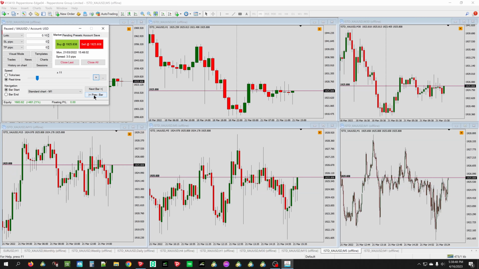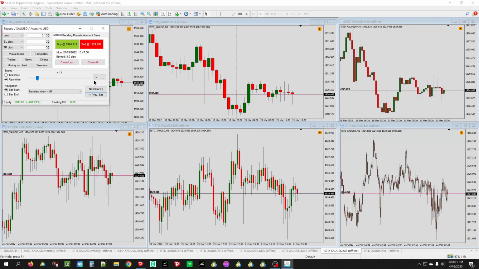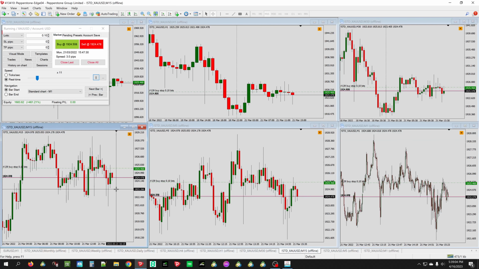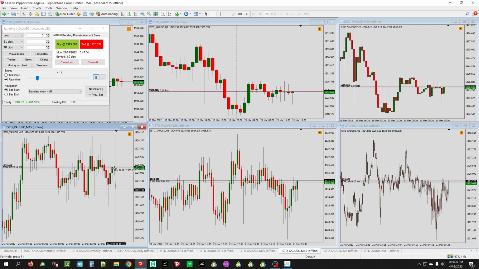All right, wait a second. Once we break above this area, I want to execute buy. Yeah, and this is my stop loss for this trade, which is around 22 pips.